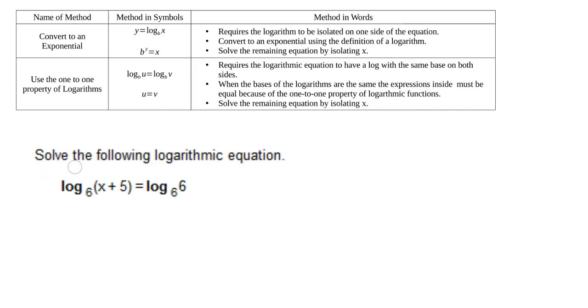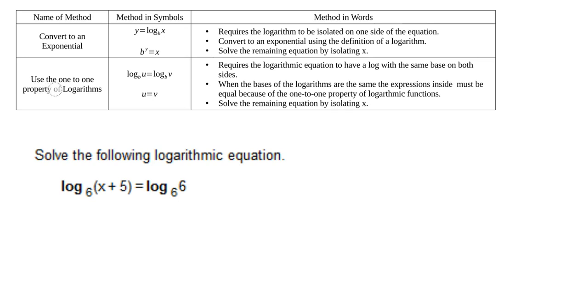This question says, solve the following logarithmic equation. Before we solve this example, I wanted to take a moment to look at a few of the methods for solving logarithmic equations. One method for solving is to convert to an exponential. So you would start off with a logarithmic equation, rewrite it in its equivalent exponential form.